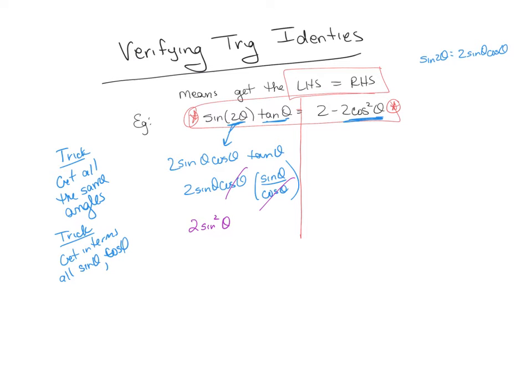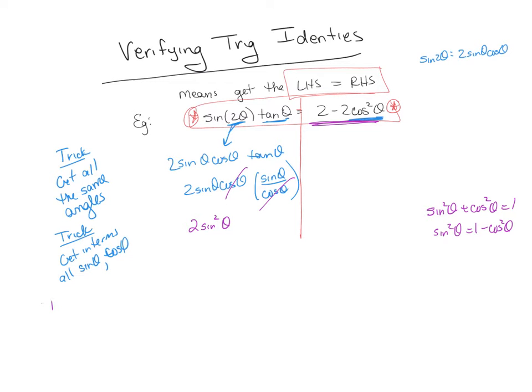Oh, well, I'm still not looking like this, but ooh, Pythagorean's theorem. Now remember, Pythagorean's theorem is sine squared theta plus cosine squared theta is equal to 1. And so that means that sine squared theta is equal to 1 minus cosine squared theta.